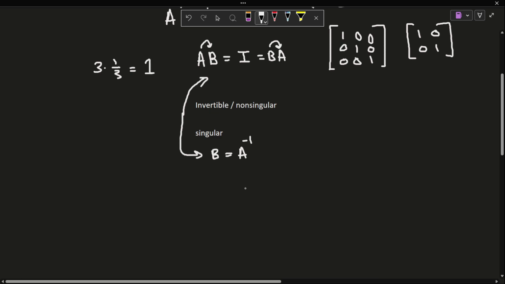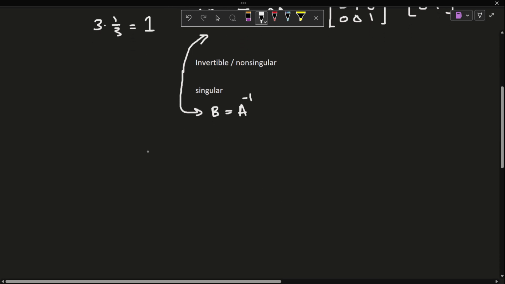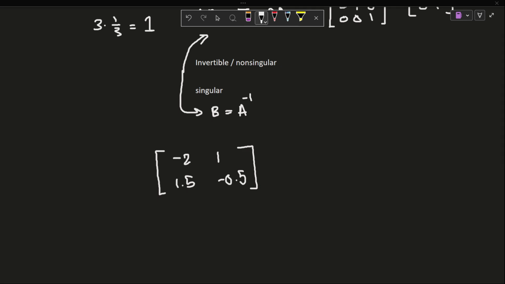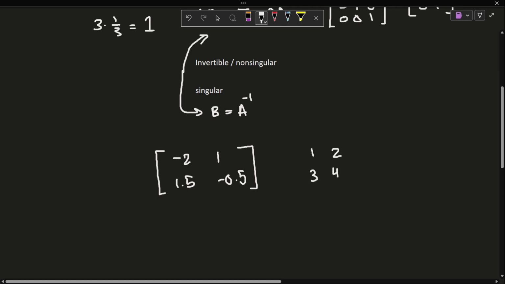Okay, so let's talk about an actual inverse now. So the matrix minus 2, 1, 1.5, minus 0.5 is the inverse of 1, 2, 3, 4.